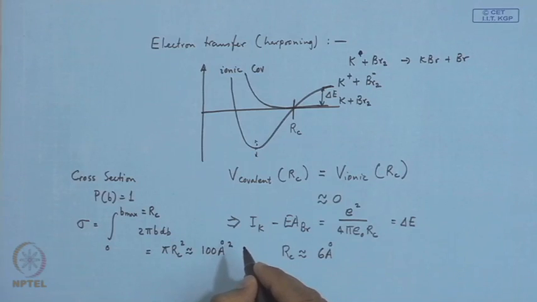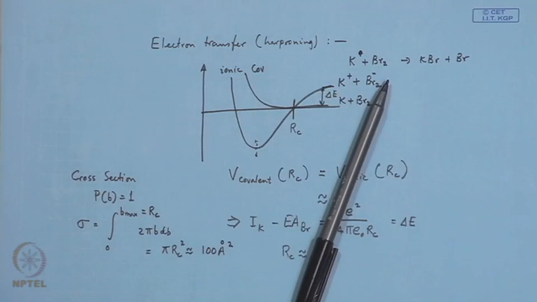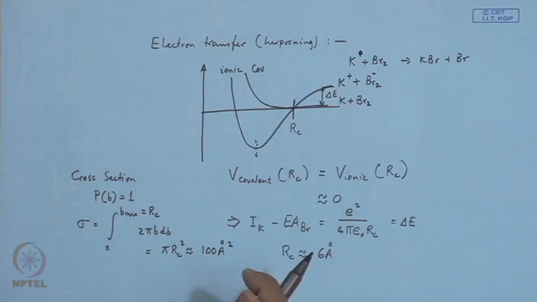So, what is happening here is that Br2 minus is formed with an internuclear separation such that there is little repulsion between Br and Br minus, and K plus carries off Br minus in its original direction, that is the forward direction.